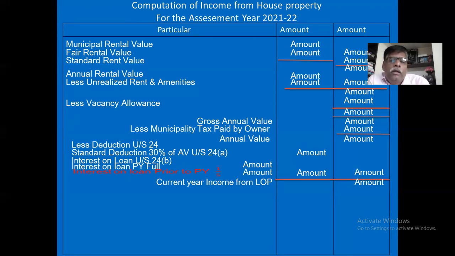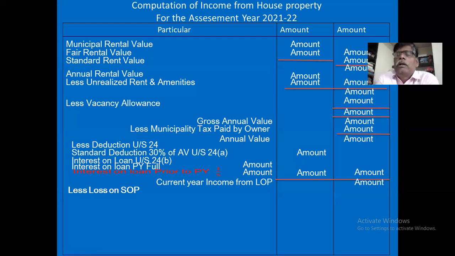In this income, you deduct loss on SOP. What is loss on SOP? Loss on SOP means loss on self-occupied property. It is the interest on loan taken for purchase of the house or construction or repairs and renovation.